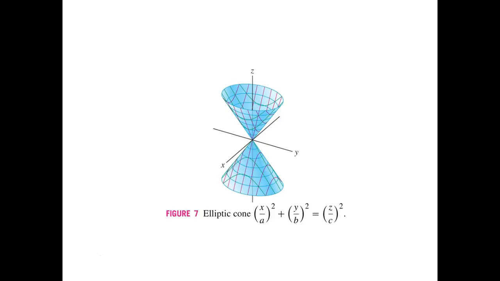Hard to say. A circle is a special case of an ellipse. But what you do see is that your horizontal traces are going to be ellipses. This is a constant, not 0. 0 is going to be a point. But any other constant z, positive or negative, these are going to be ellipses.